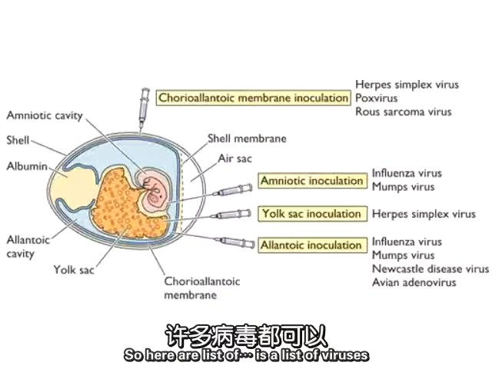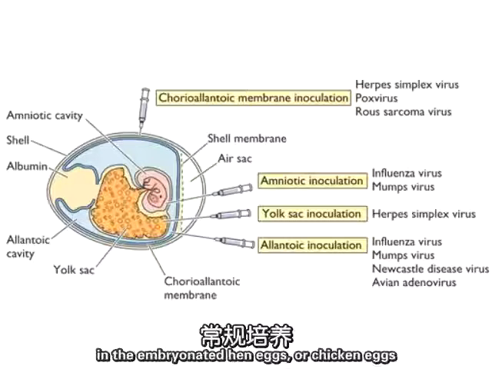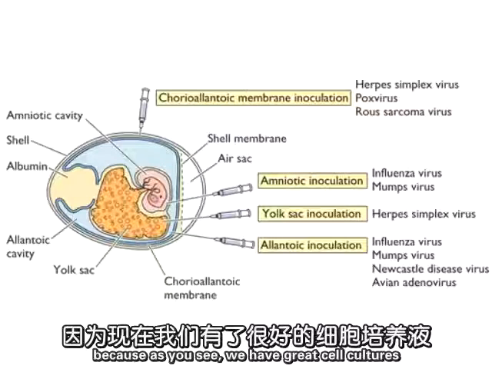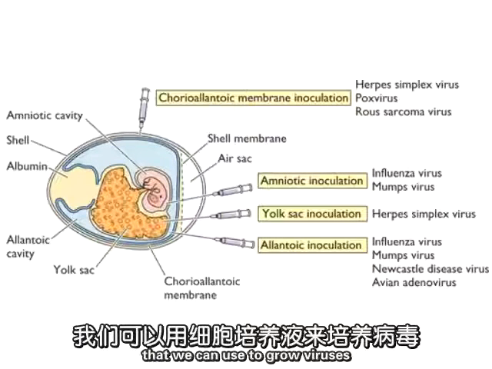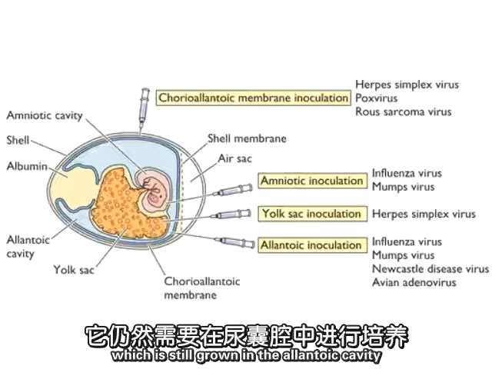So here is a list of viruses that were at one time grown routinely in embryonated hen eggs or chicken eggs. And we don't really use this anymore because, as you'll see, we have great cell cultures that we can use to grow viruses in. The only exception is influenza virus, which is still grown in the allantoic cavity.